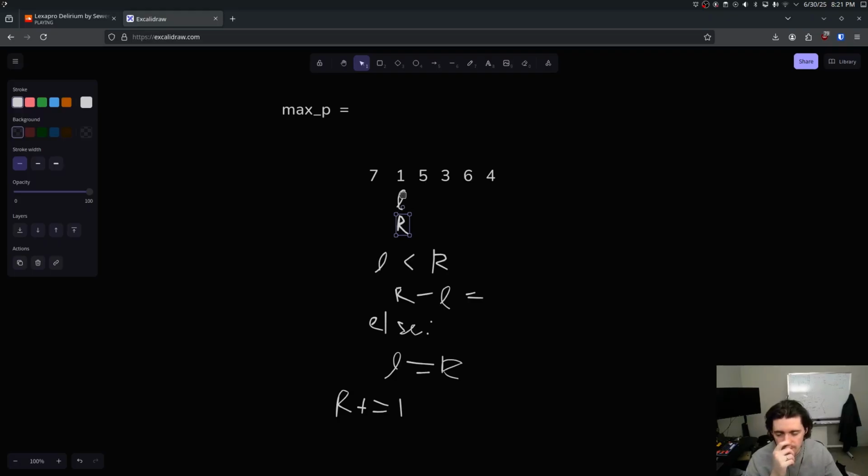Now L is there, then we get to our outer block, R goes here. Now we're at the next iteration. Left is definitely less than R, so 5 minus 1 is equal to 4. Then our max P becomes the max of either 4 or current max P. So right now it was at 0, so this will be 4.